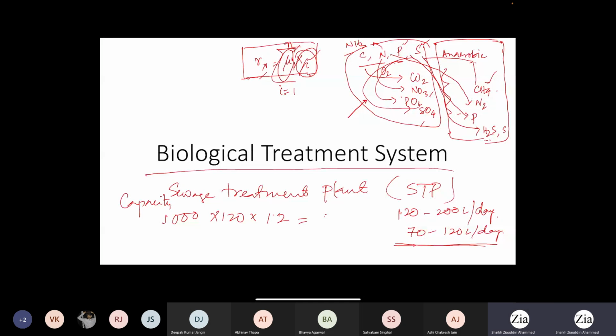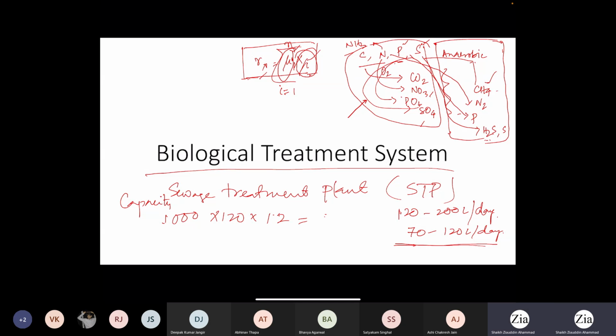So per capita water usage data and the population data are very important to know the size of the treatment plant. So you can calculate the volume required in the reactor unit as well as other upstream and downstream operations to handle this water.